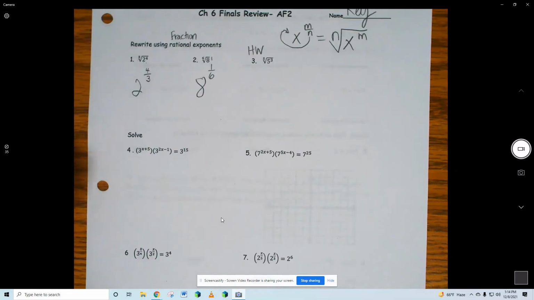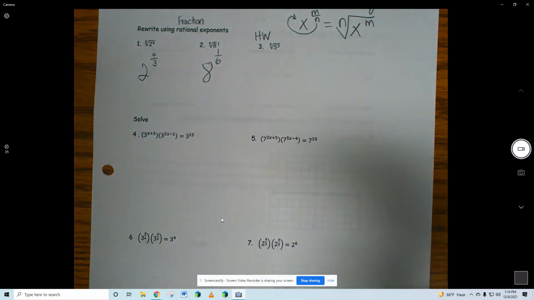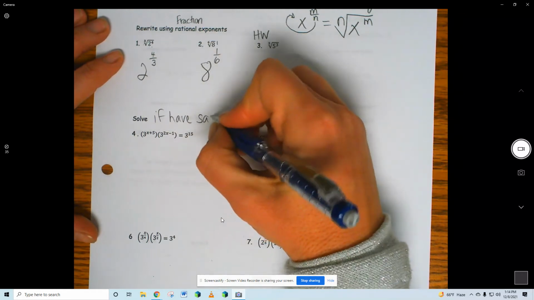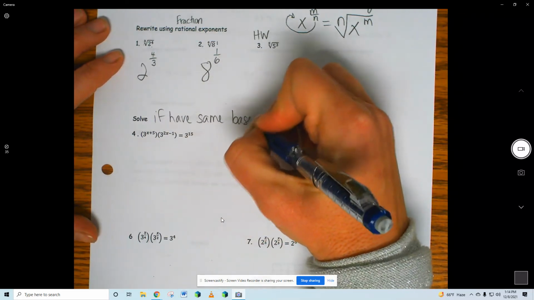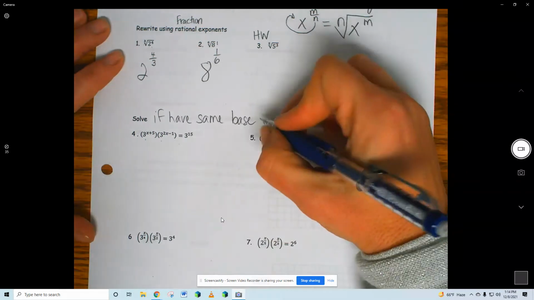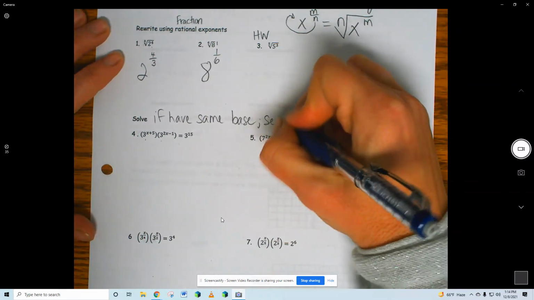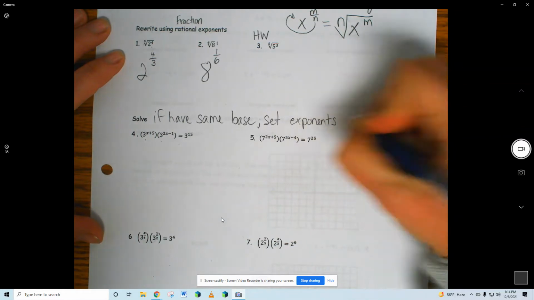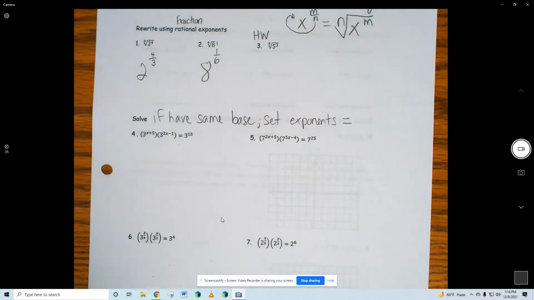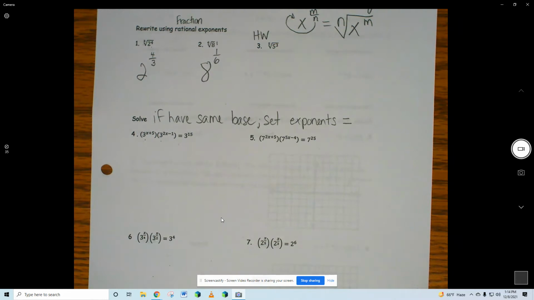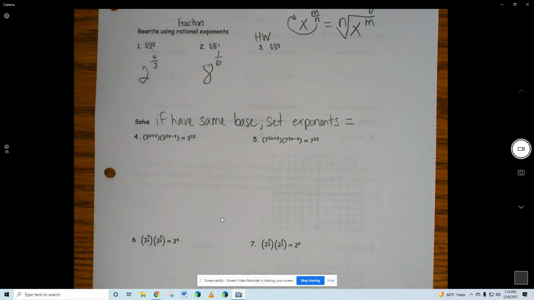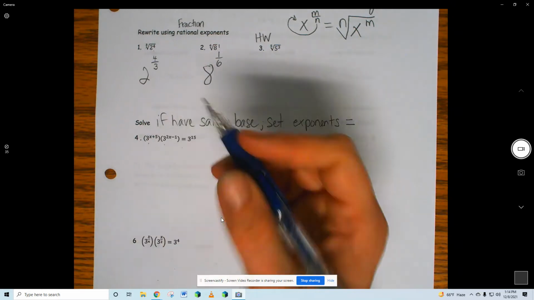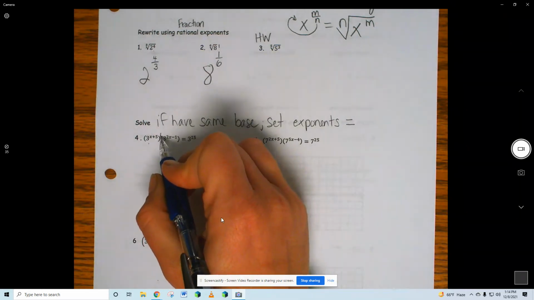So number 4. If you have the same base, like all of these bases are 3, you can set the exponents equal. So what's going to happen is I'm going to do this x plus 5. When I multiply, I add exponents.